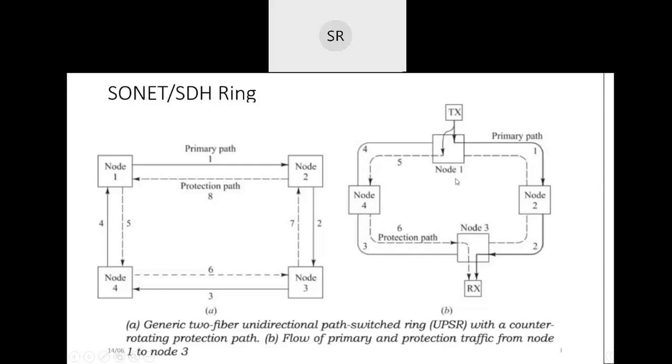So to communicate from node 1 to node 2 and node 3, we will use this protection path. Here we are saying that this is the primary path 1, 2, 3 likewise, and this one is the protection path. Okay, so now if any node fails in the ring, then the protection path is used to communicate from one node to another node.